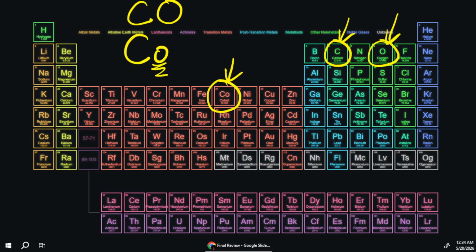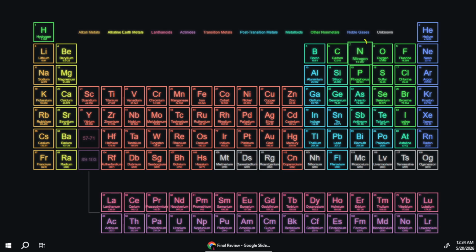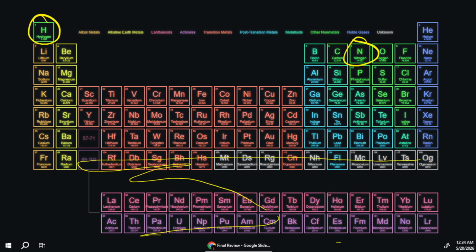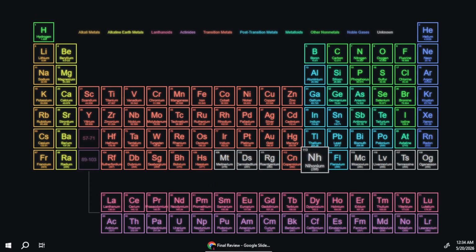So if you see lowercase letters behind an uppercase letter, then they're always together. Same thing with N, nitrogen, H, hydrogen, and then there's an element called Nh somewhere. Oh, right here, Nh. So completely different things, okay?